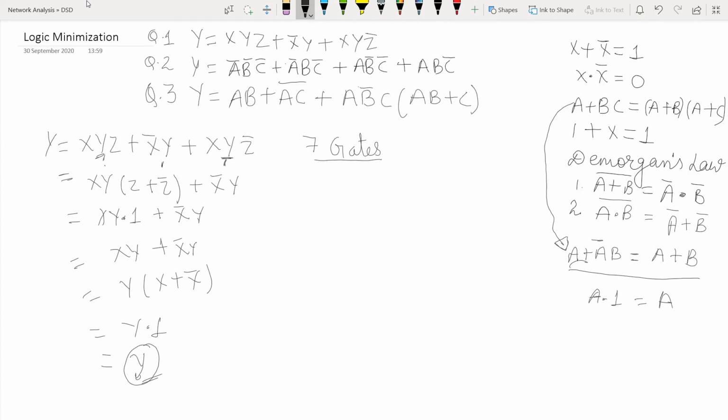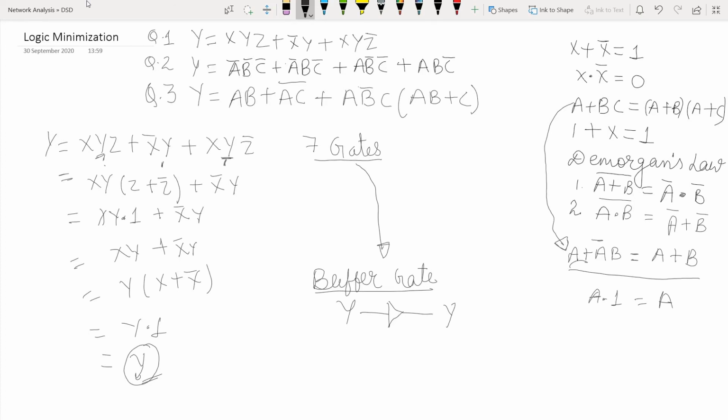So if we see the total number of gates now, there is no additional gate. We can use just a buffer gate to implement this function. And what do we need to give as input? Y is the input to that buffer gate, and we will get y as output. So 7 gates are minimized to 1 gate.